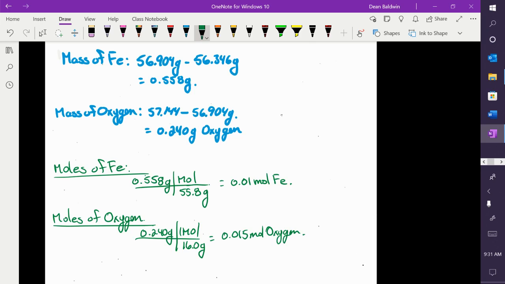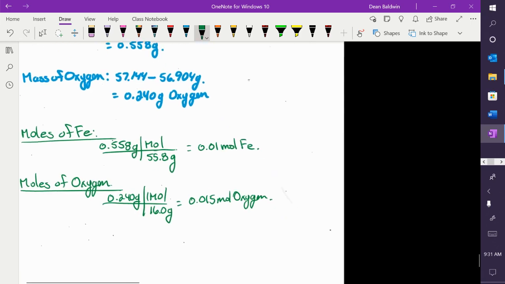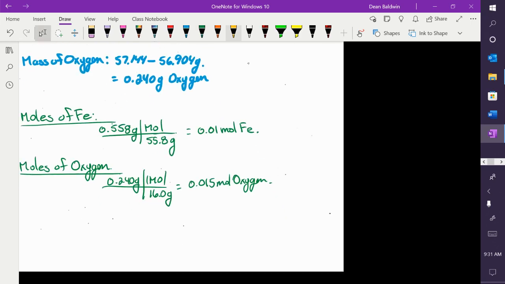All right. Which is a smaller number? 0.01 is a smaller number. So that's what you divide by, right? This is the moles of each one. So divide by 0.01 gives me 1.